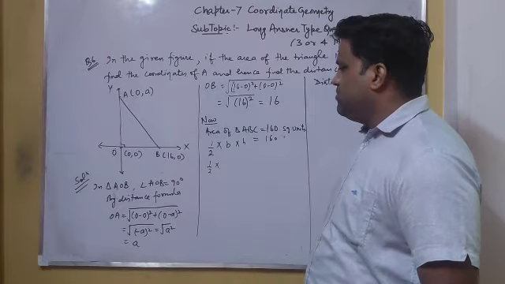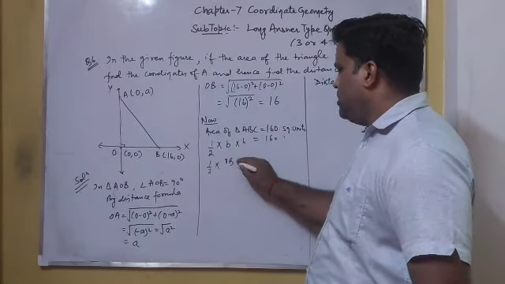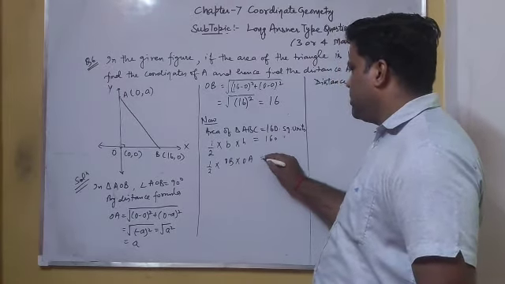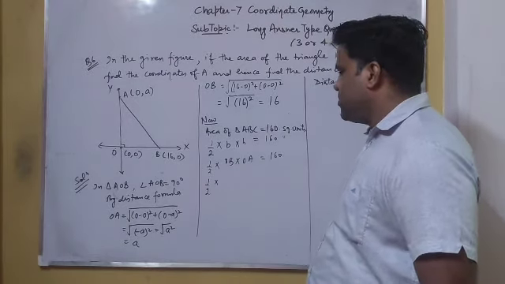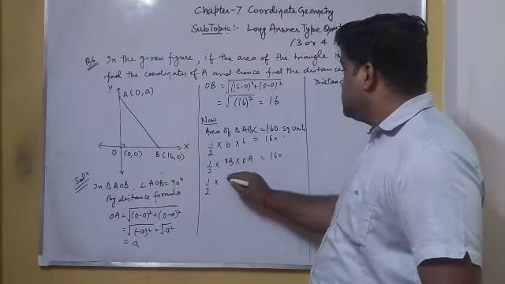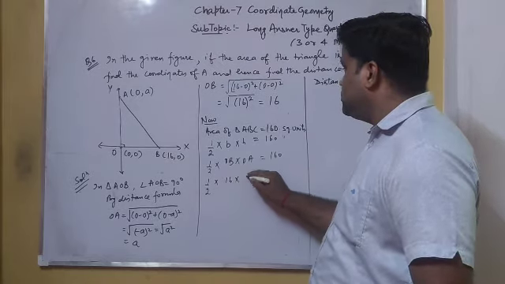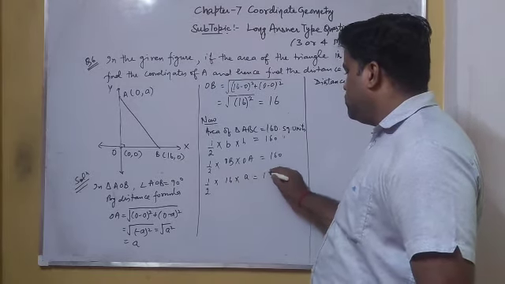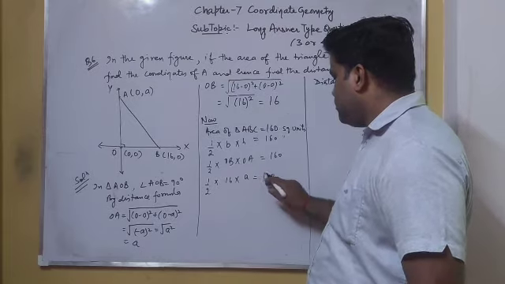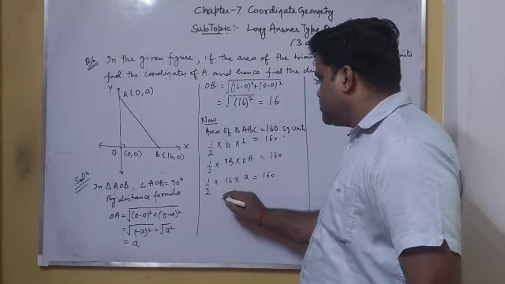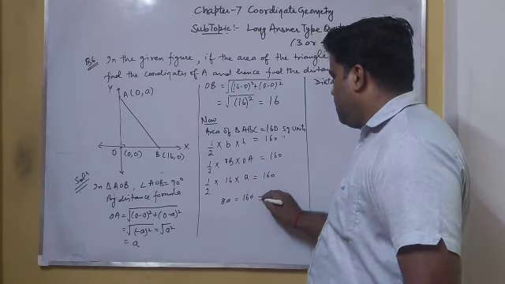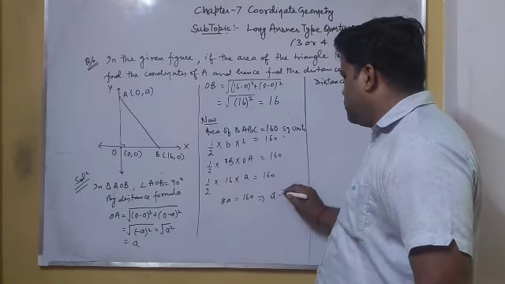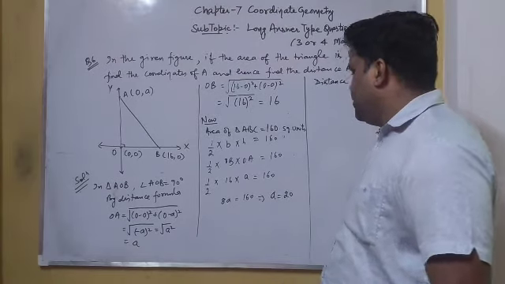As the base is OB and height is OA, 160 is equal to half into 16 into A. So we get 8A is equal to 160. Finally we get the value of A is equal to 20.